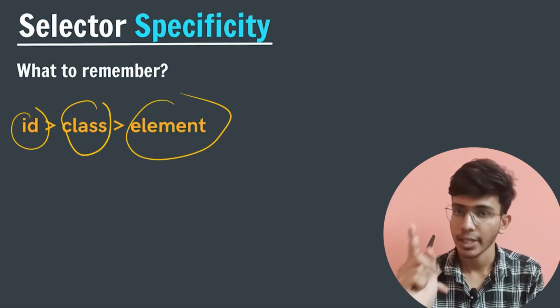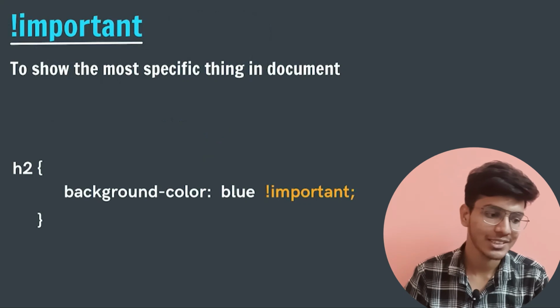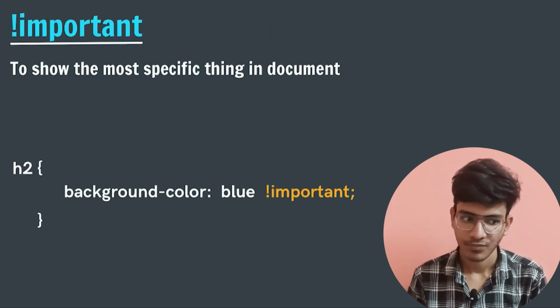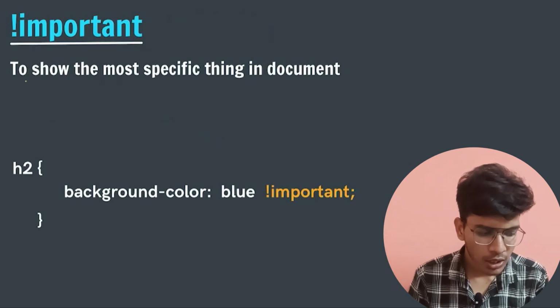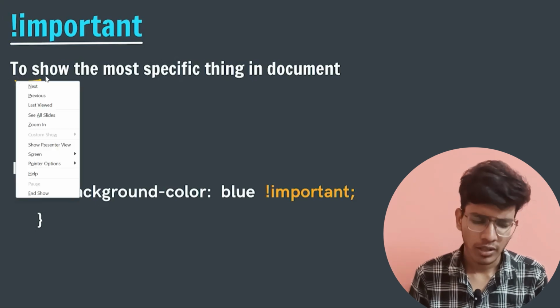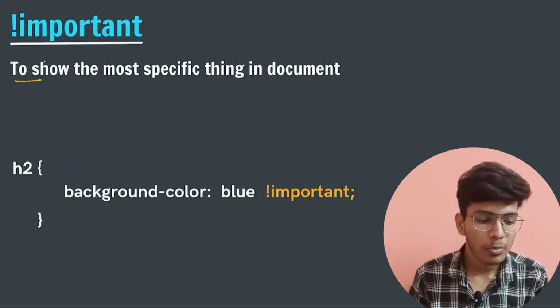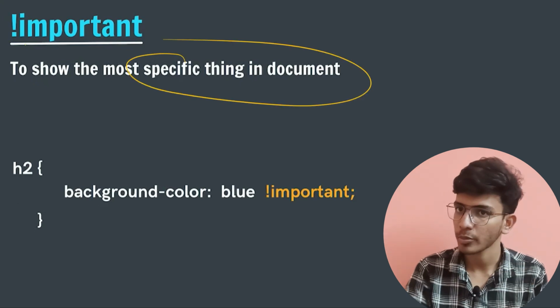Really important to understand. Okay, so the last concept of this lecture, which is important, is !important, or it is used to show the most important thing in your document, right?